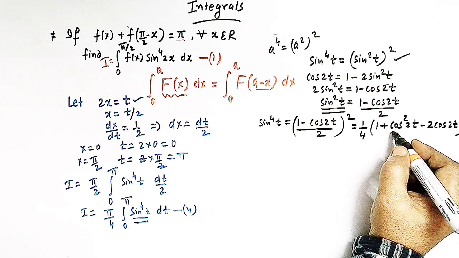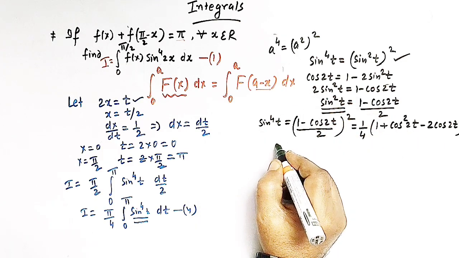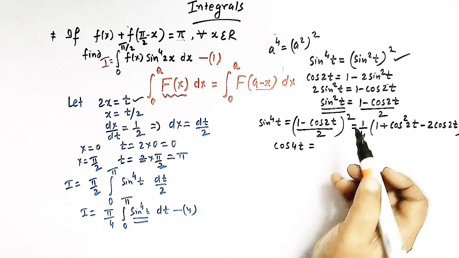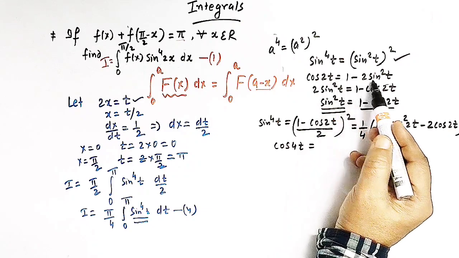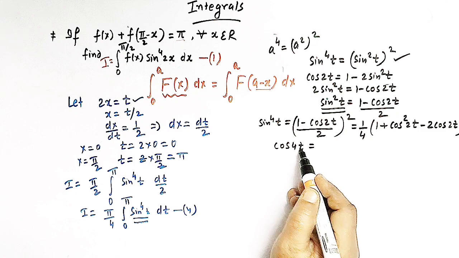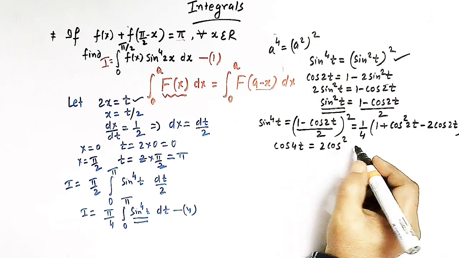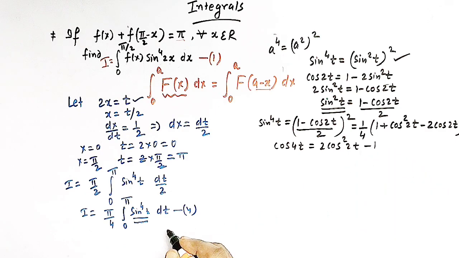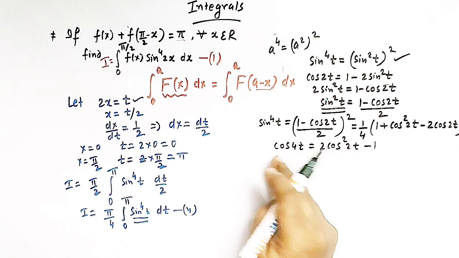Okay, now let us again make use of the formula for cos 4t, right? So here we have cos 2t is equal to 1 minus 2 sin²t. So the formula for cos 4t is given by 2 times cos²2t minus 1, right? Here we can again rearrange the terms.